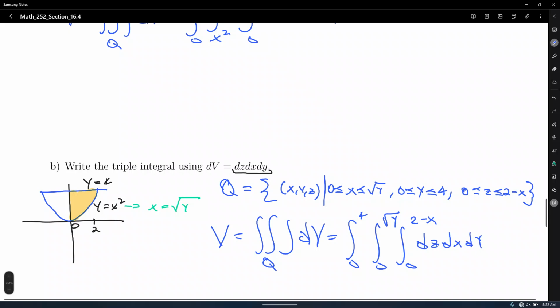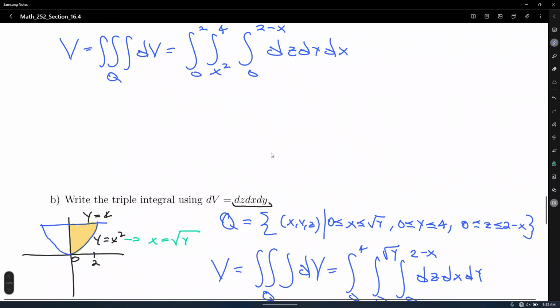If we were to evaluate this triple integral, both of them should give us the same result. One may be harder or easier than the other, who knows? But just by looking at the limits of integration, they should be about the same level of difficulty. I don't see any reason to change the limits of integration other than just visualizing how to do it with a triple integral anyway.